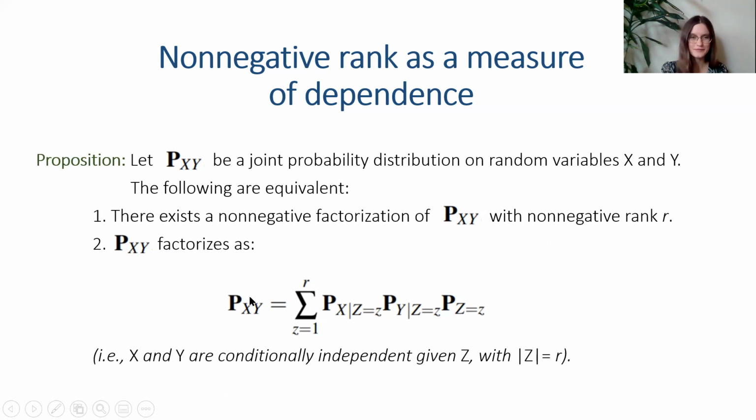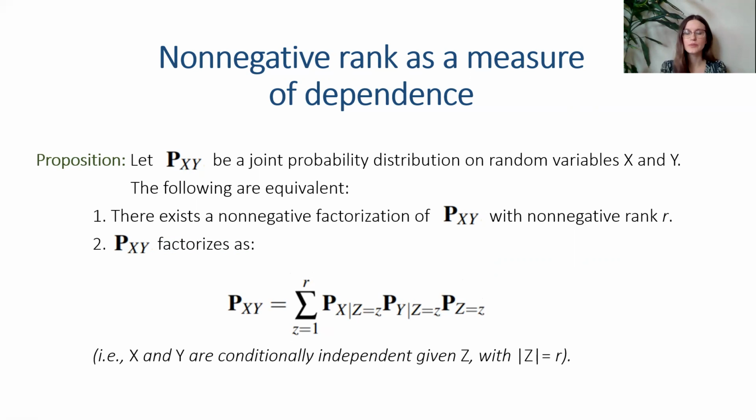This factorization means that x and y are conditionally independent given Z when Z has cardinality R. So here we have the probability distribution of x given Z has some value small z, the probability distribution of y given that z takes this value, and the probability distribution over z. Once again, I emphasize that the sum goes from 1 to R, where R is the non-negative rank.